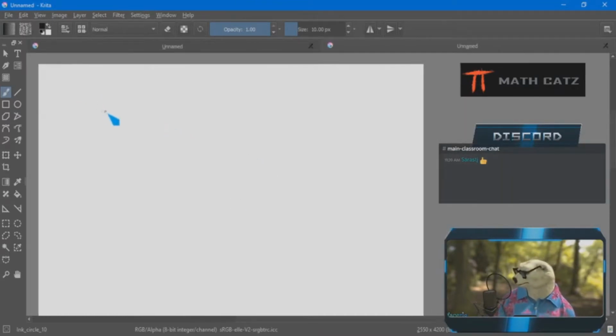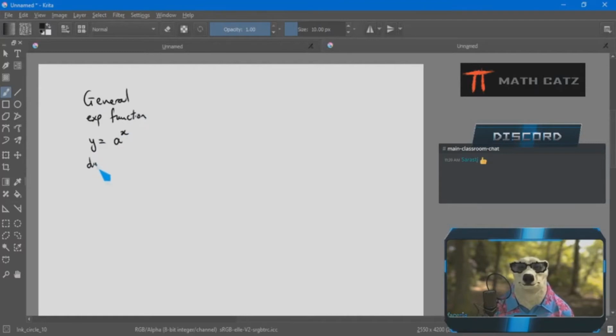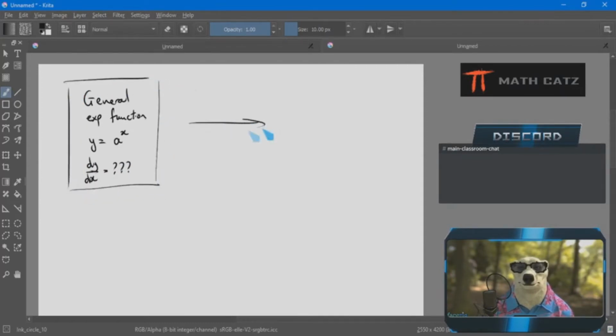So let's have a big picture of what's happening here. Again, I started with the general exponential function, some base a to the power of x. I still don't know the derivative. Okay, that's fine. Then we made it a little bit more specific. And I like doing this kind of flow chart many times to remind myself, what are we doing here?